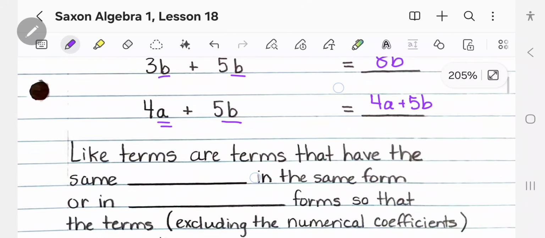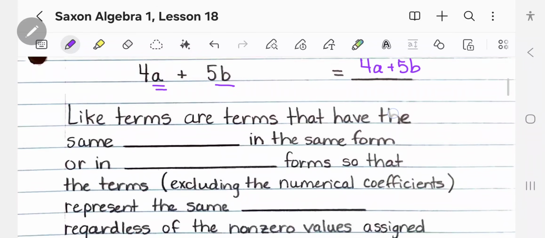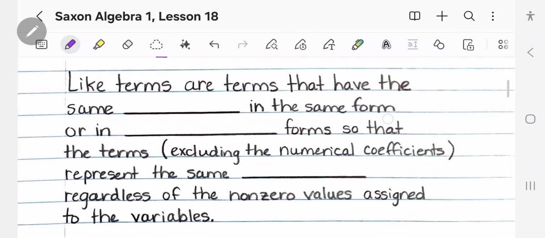So let's look at some of the technical definitions from the book and see if we can understand those. Like terms are terms that have the same variables. But not only the same variables, but the same variables in the same form or in equivalent forms. We'll look at some examples of this in just a minute.